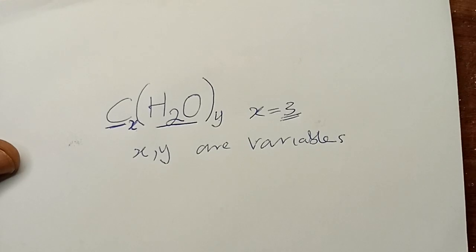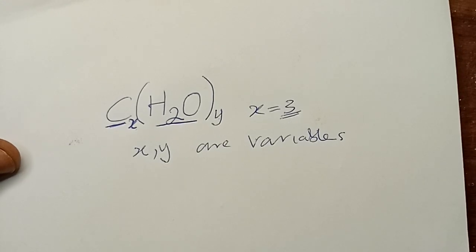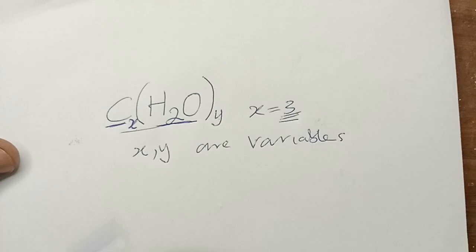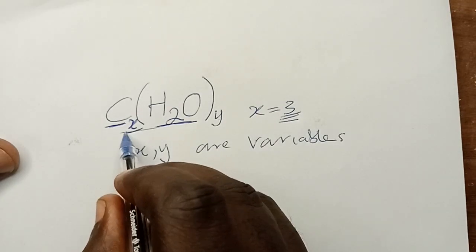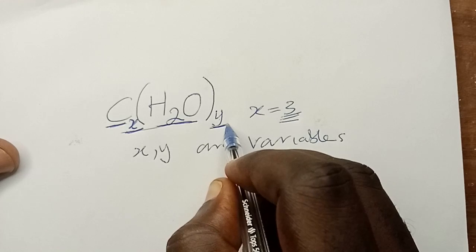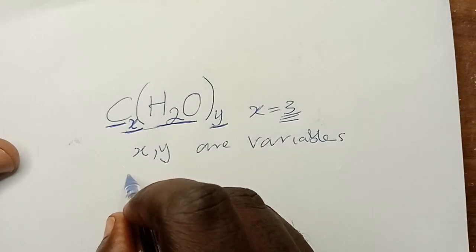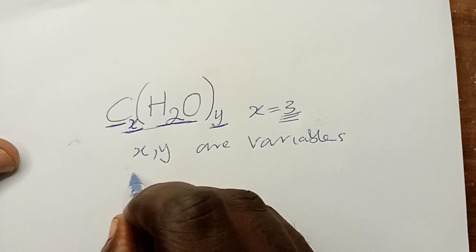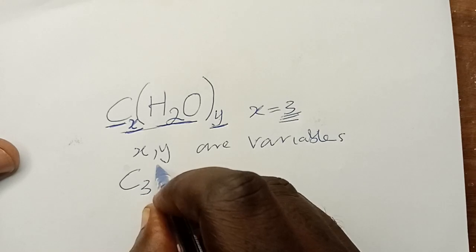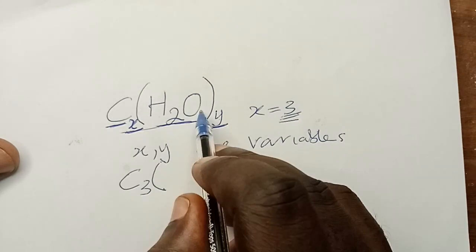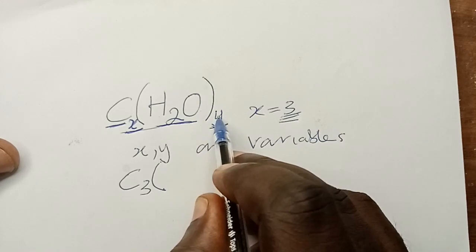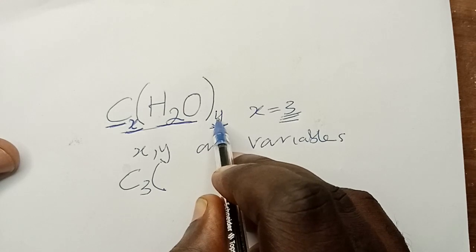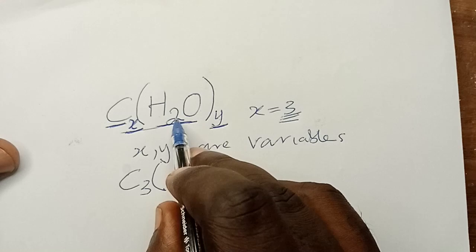Therefore, if we are asked to represent this in the form of the number of carbon, and the number of carbon here is 3, X will be represented by 3 and Y will also be 3. In other words, let's assume 3 for X and also 3 for Y. Therefore, we have C3, and since we have H2O in the bracket, with Y also 3 as the variable, we say 3 times 2, which is 6.